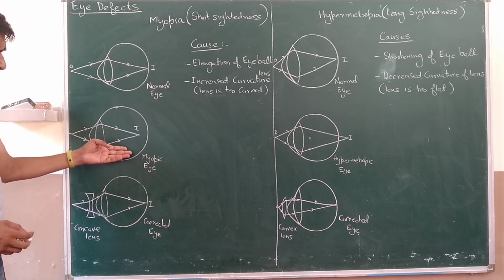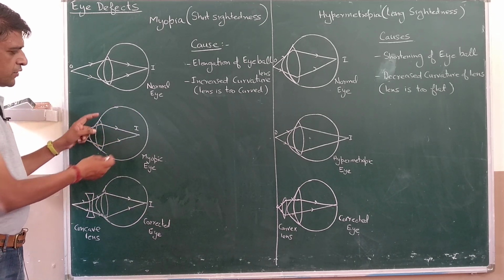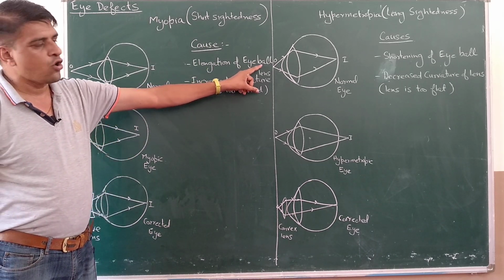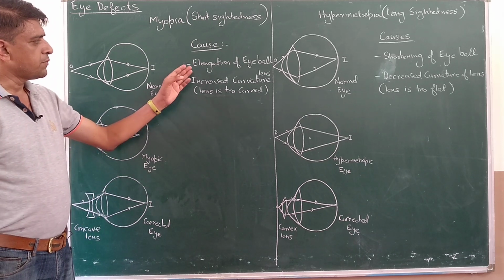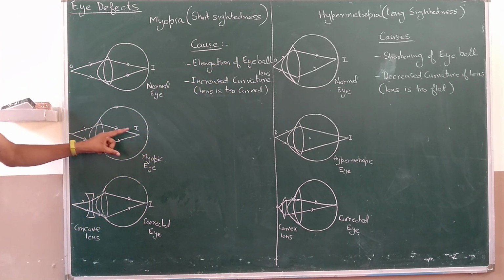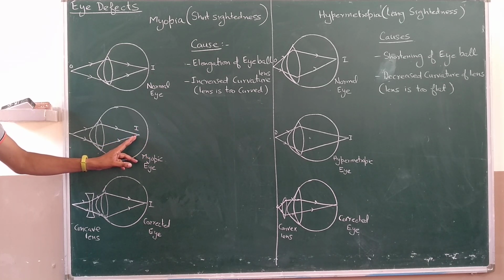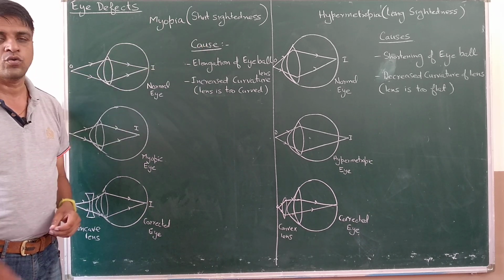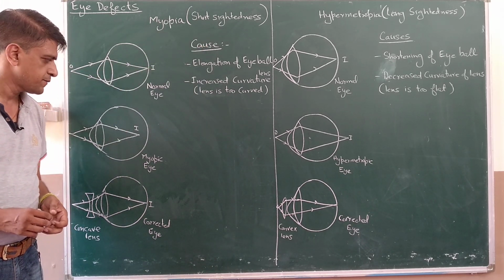But in case of myopia, there is a problem with the eyeball. Our eyeball gets elongated, and when the eyeball gets elongated, the image is formed before the retina. That's why this eye defect is also known as short-sightedness.